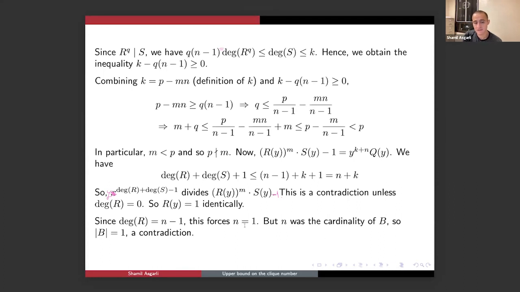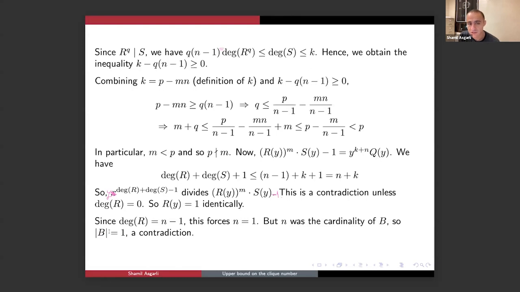But how is this possible? How can r of y be identically 1? Well, degree of r was n minus 1, so that would force n to be 1. And n was the cardinality of b, so b is equal to 1 in size, and that's a contradiction because I assumed that both a and b have at least 2 elements.